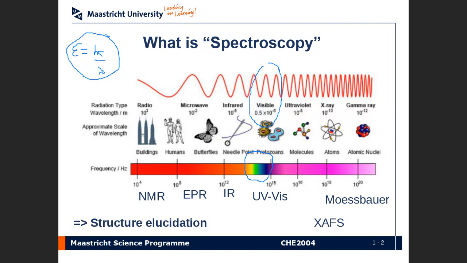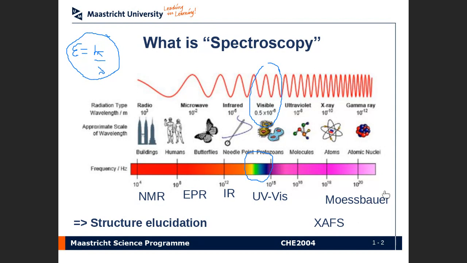What you see at the bottom here are names of different types of spectroscopies and the frequency range at which they're employed. At the upper end, you have something called Mössbauer spectroscopy, which relies on nuclear excitations, which therefore requires gamma radiation.